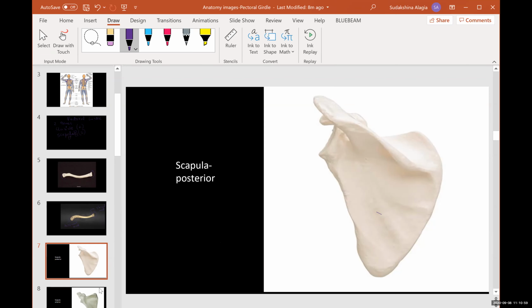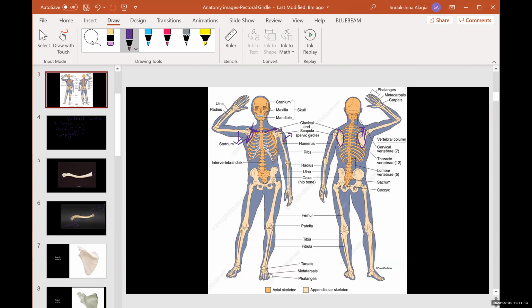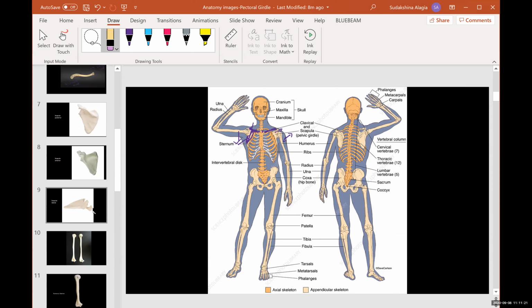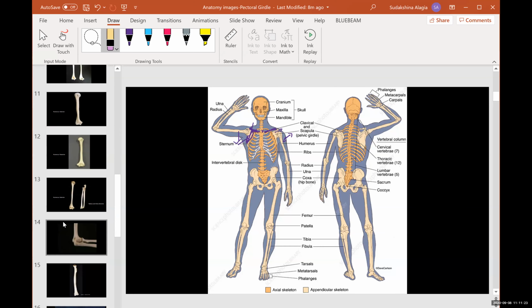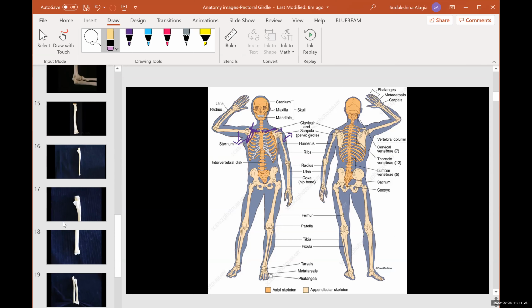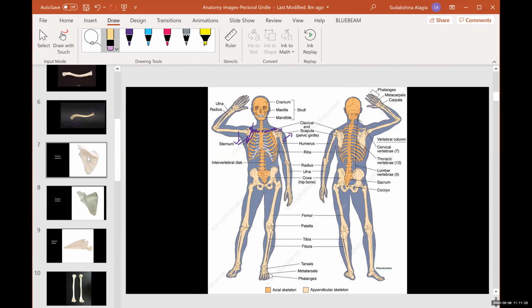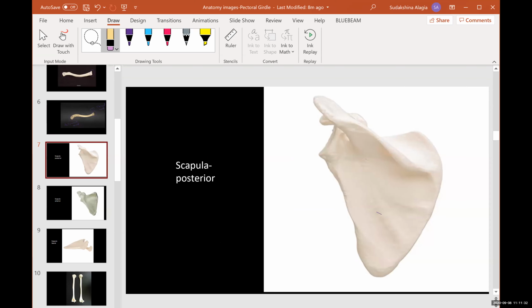So the scapula, the shoulder blade, is what articulates with the bone that forms our arm, the humerus. Humerus is a long bone.